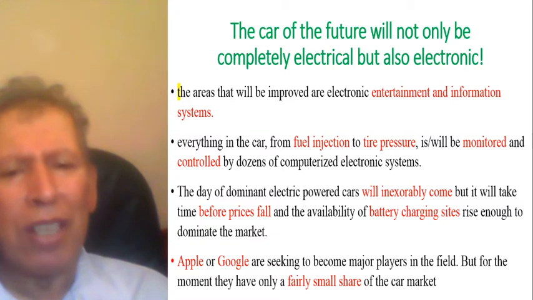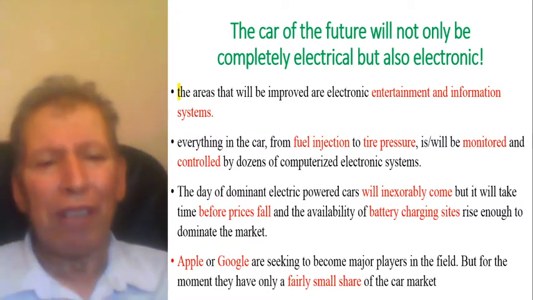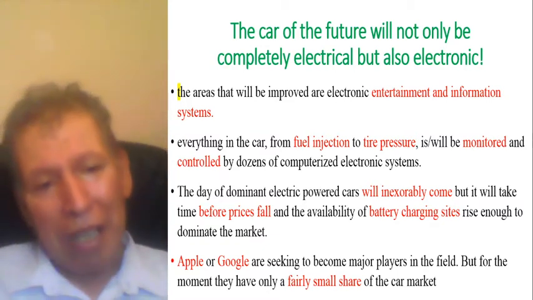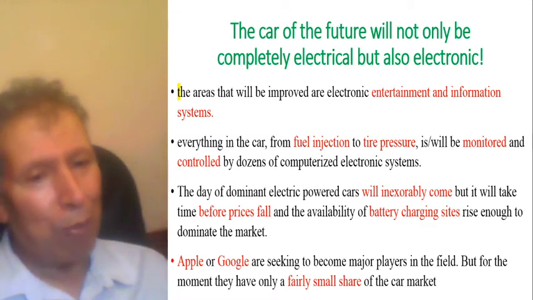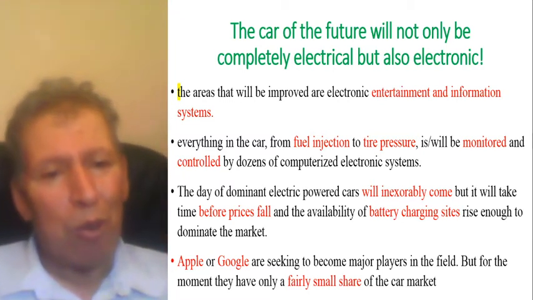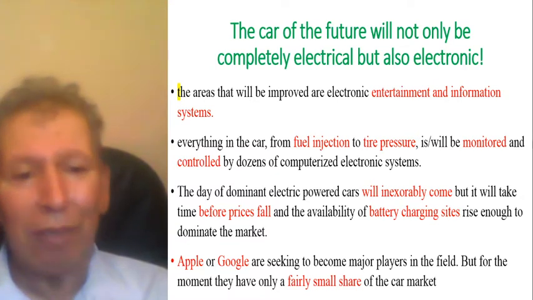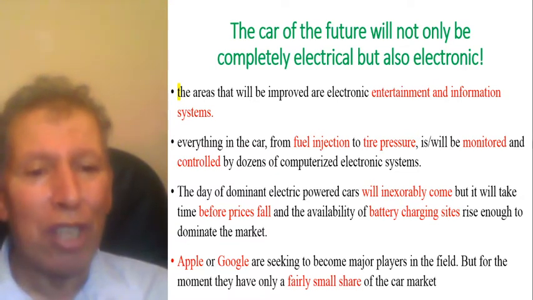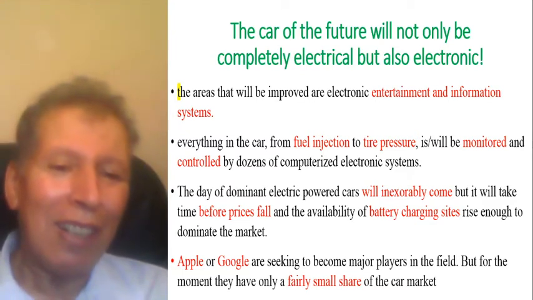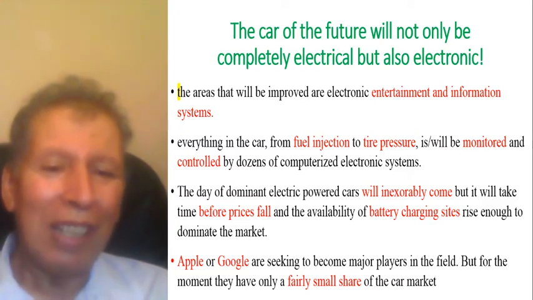Apple and Google are seeking to become major players in the field. Now, that's funny. Apple is a specialist of computers, and so is Google. Google is a specialist of engines of another type, search engines of information.